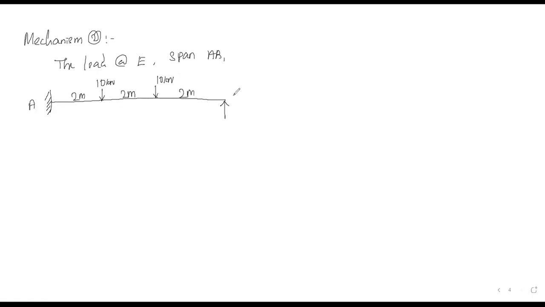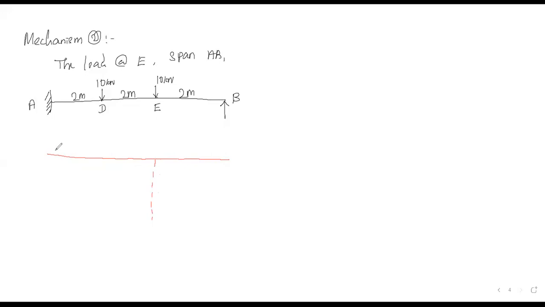So A, B, D and E. Now with respect to this diagram, what are all the beam mechanisms that I am going to draw now? So now because of the load acting at point E.